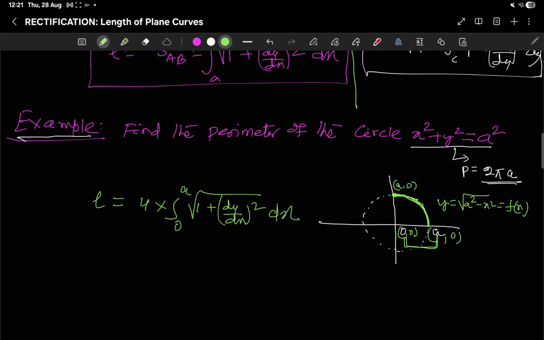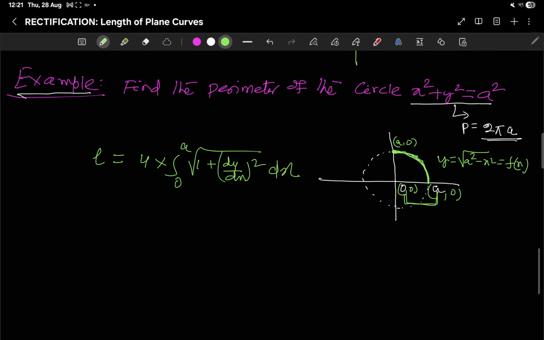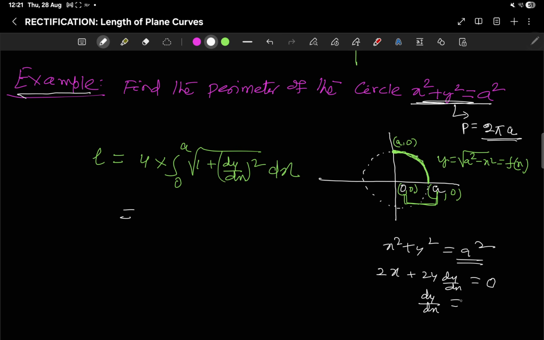Similarly, in view of x = f(y), I can also think of it. Here x squared plus y squared equals a squared. If we differentiate with respect to x, it is 2x plus 2y dy/dx equals 0, a is constant, so dy/dx is minus x by y. So it is 4 times the integral from 0 to a of the square root of 1 plus x squared by y squared, dx.